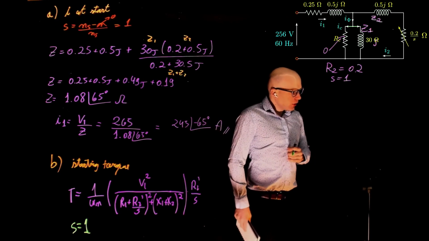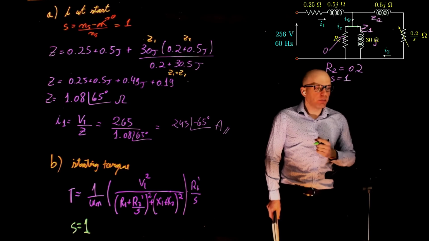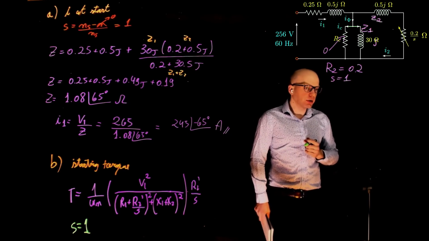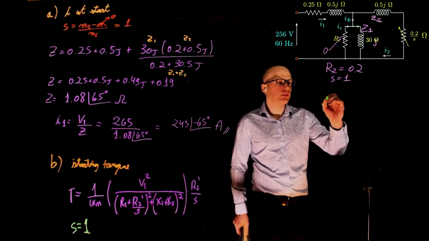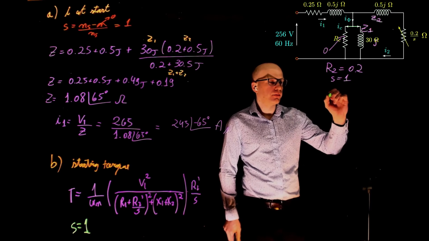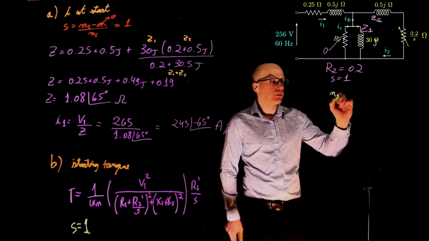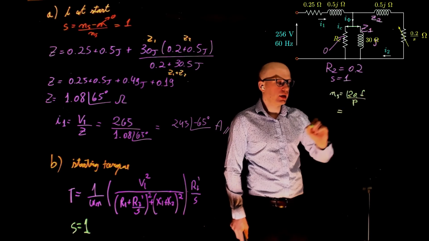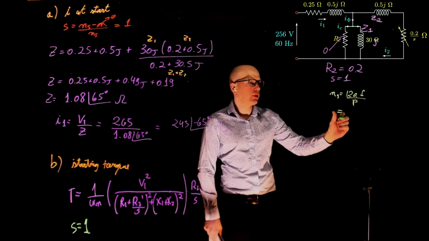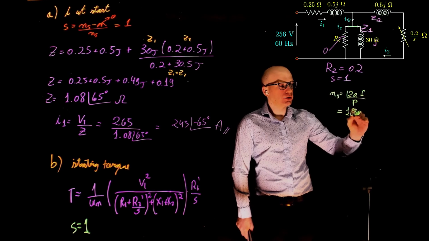What is the synchronous speed for a 4-pole, 60 hertz? 120 times f divided by 4. That gives 1800 RPM.